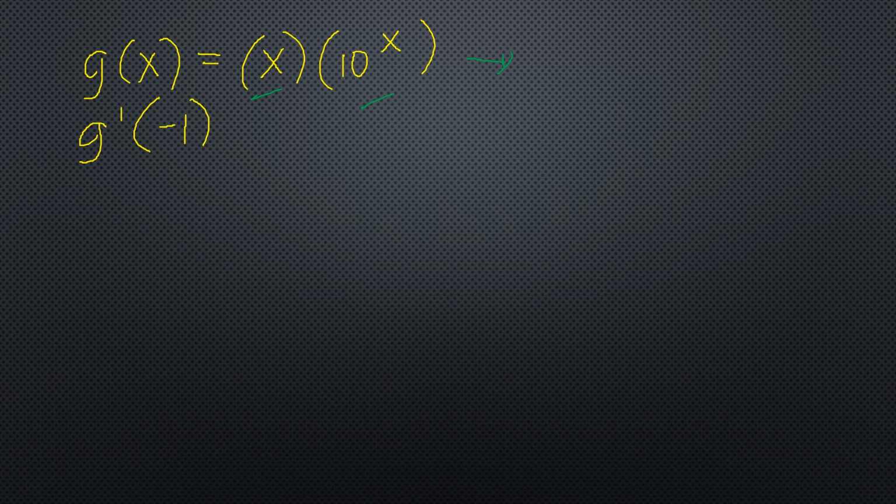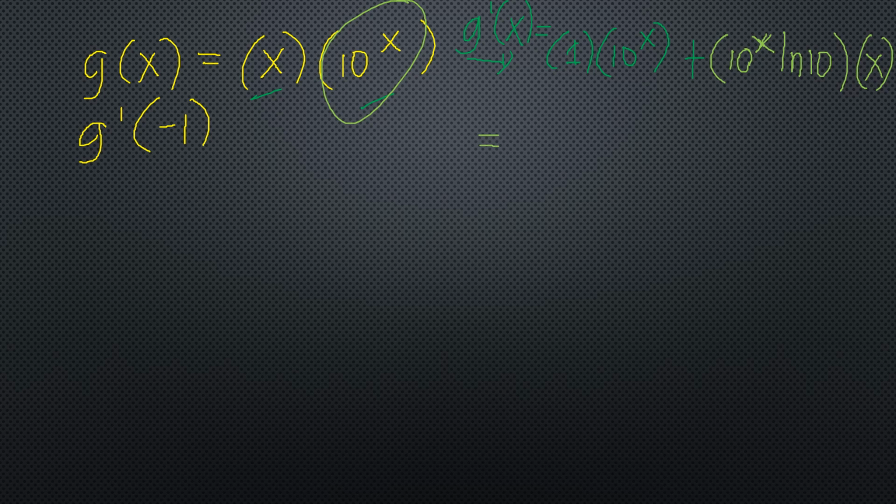So we get the derivative of the first factor x, and that is simply 1. Multiply that to the second factor 10 raised to x, plus the derivative of the second factor 10 raised to x is 10 raised to x ln of 10 times the first factor x.